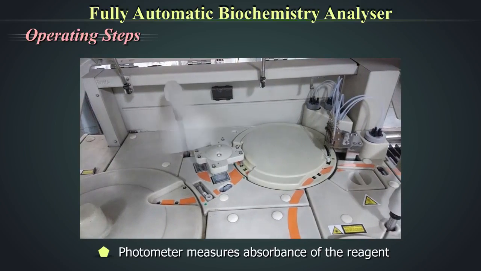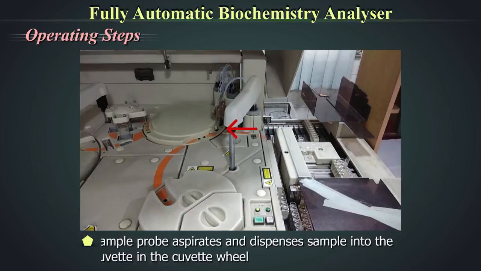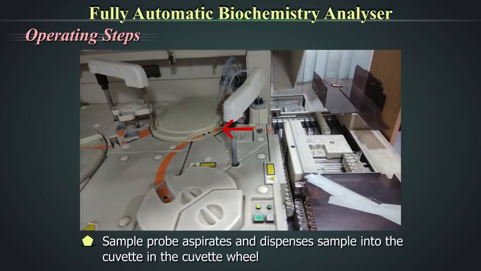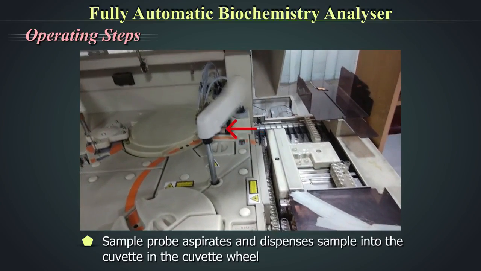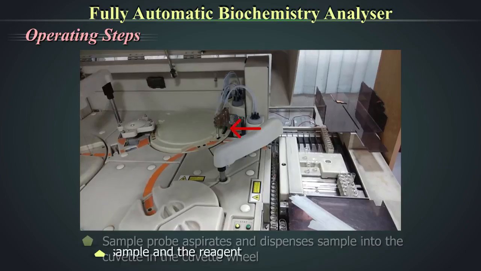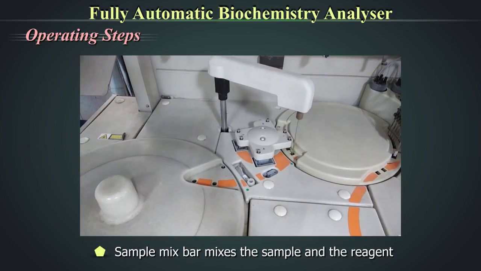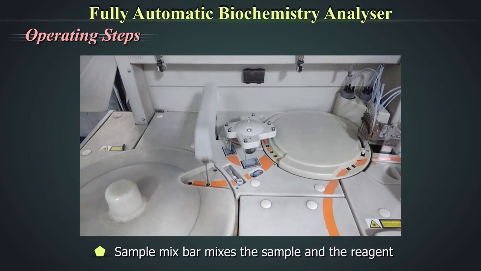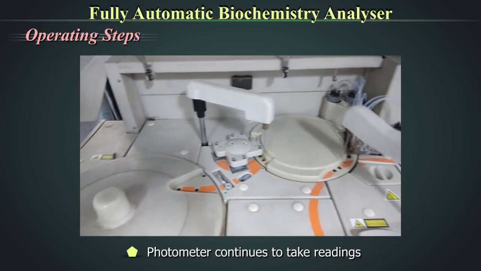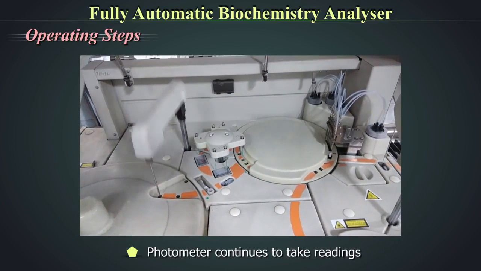The photometer measures absorbance of the reagent. The sample probe with the sample syringe aspirates and dispenses sample into the cuvette in a cuvette wheel. A sample mix bar mixes the sample and the reagent. The photometer continues to take readings.